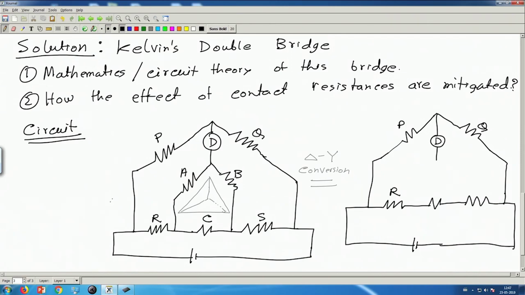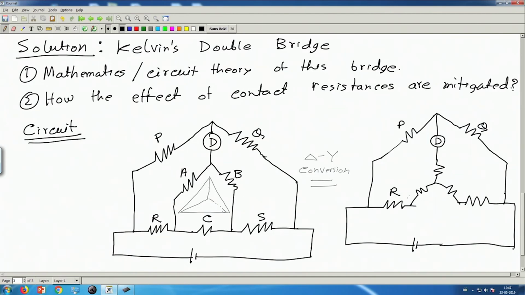Okay. So, this is the circuit given. We are now to simplify this circuit using a star delta conversion. So, this delta part will now become a star. Okay. So, this A, B and C, they are converted into 3 star connected resistances.